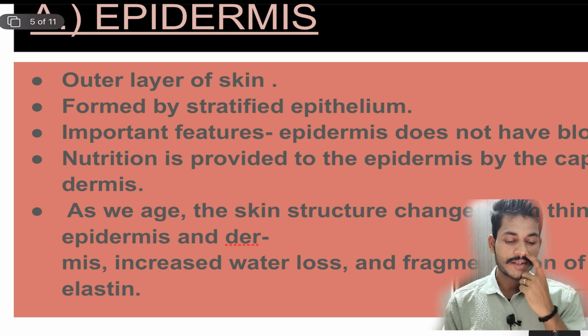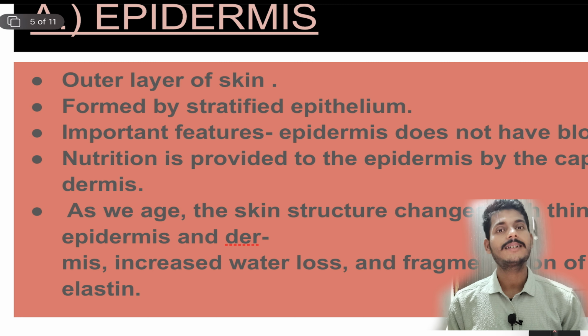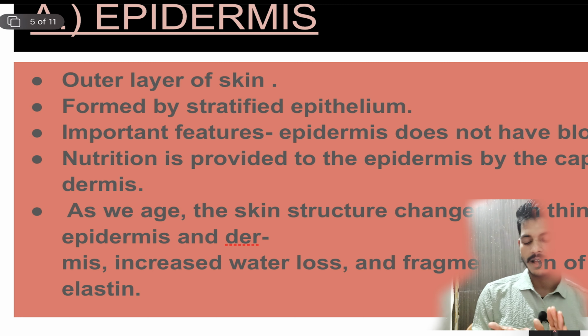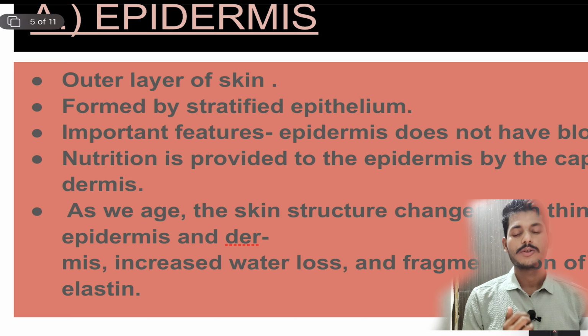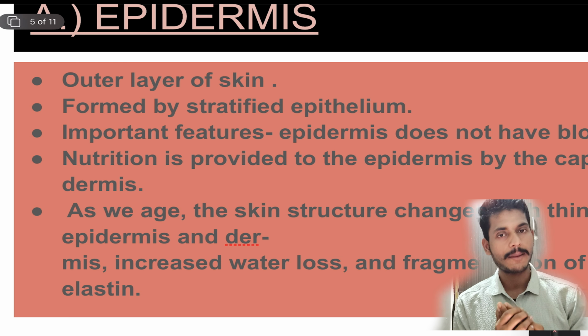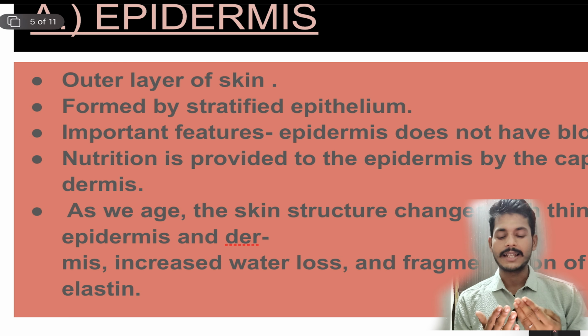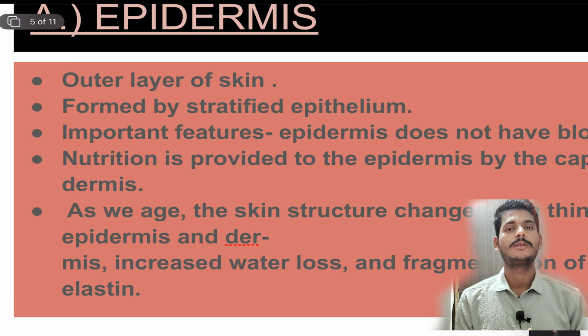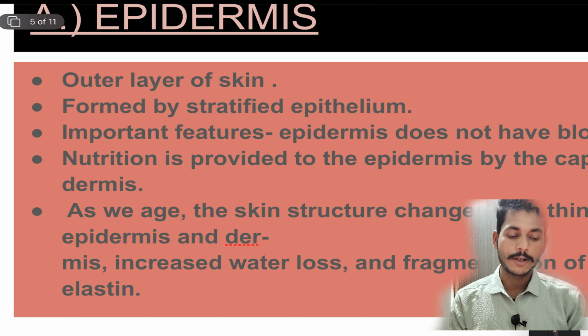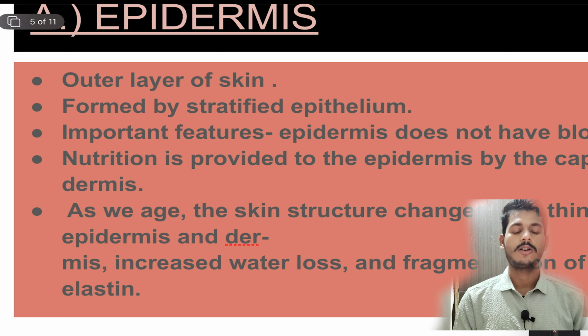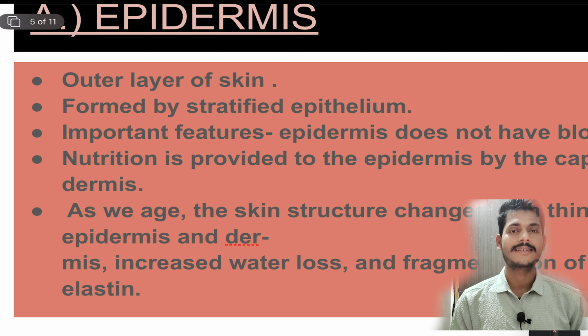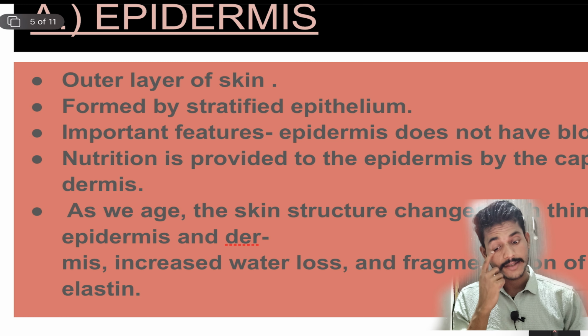Now, nutrition is provided to the epidermis by the capillaries of the dermis. Remember that our structures need a blood supply. So whenever one structure doesn't have a blood supply, this is compensated by the nearby layers. The vascular requirement of the epithelium is met by the next layer, called the dermal layer, or the dermis.